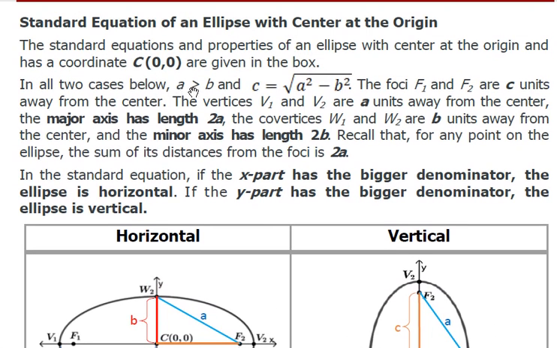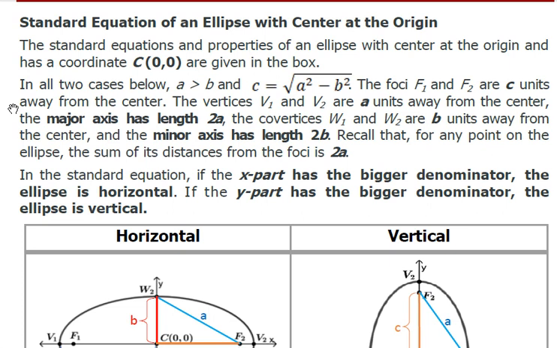A is greater than B, and C is the square root of A squared minus B squared. The foci F1 and F2 are C units away from the center. The vertices B1, B2 are A units away from the center.